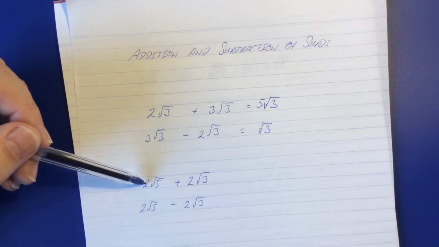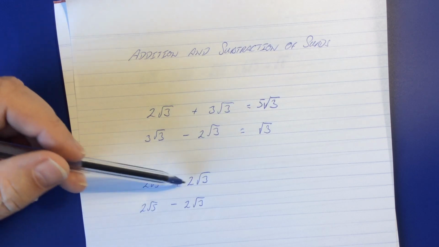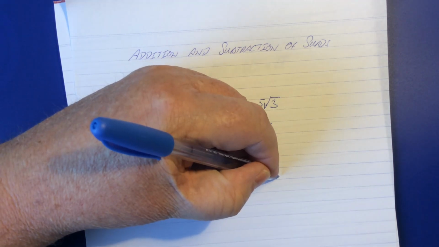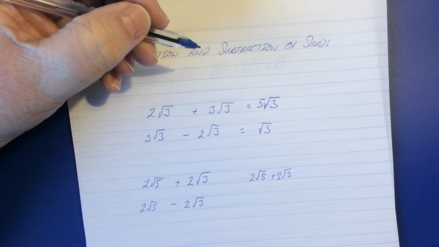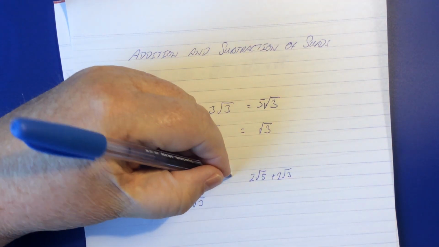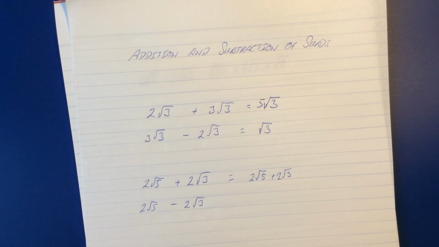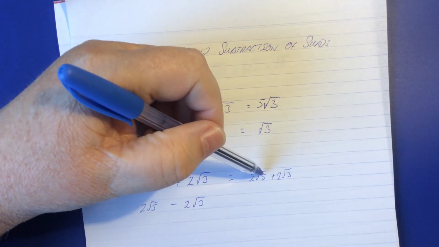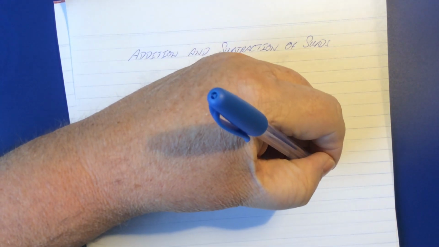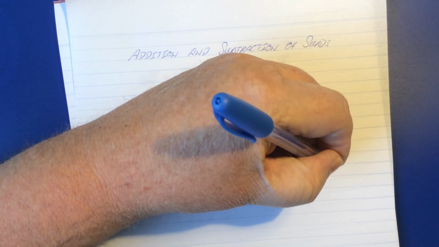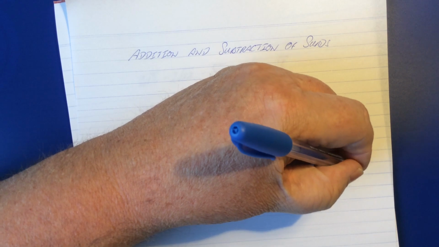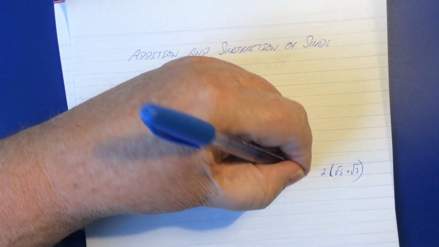This is where we run into trouble. 2 root 5 plus 2 root 3 is 2 root 5 plus 2 root 3. There's not a great deal that you can do about that. You can probably take out a common factor, put these in brackets, so it might look like this: 2 root 5 plus root 3, but it's the same thing.